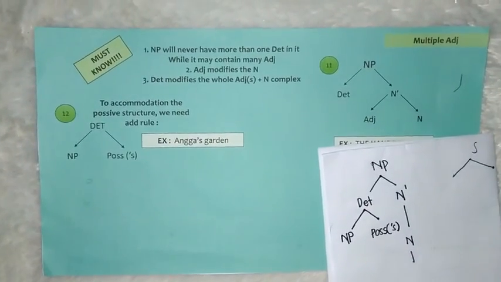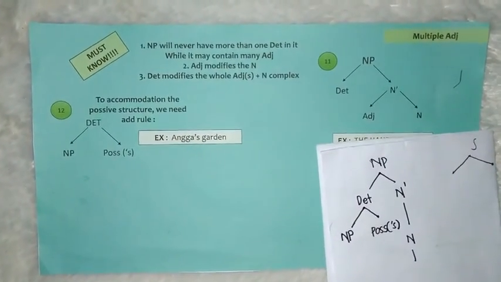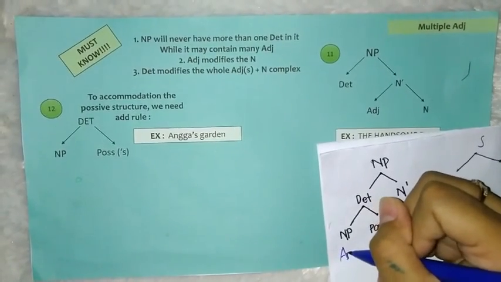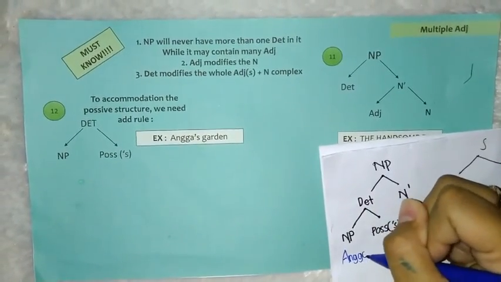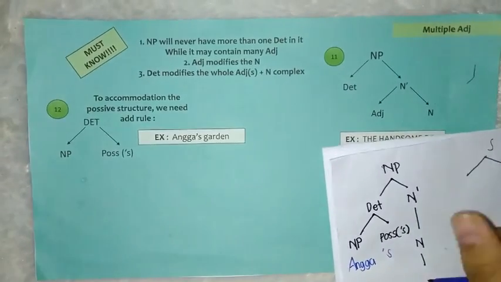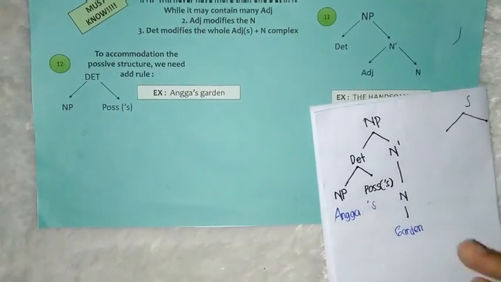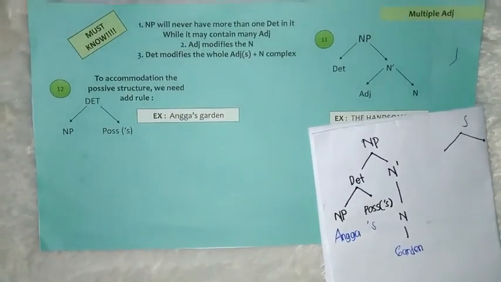So noun phrase in here is Angga, Angga's garden. So yeah, that's the last rule.